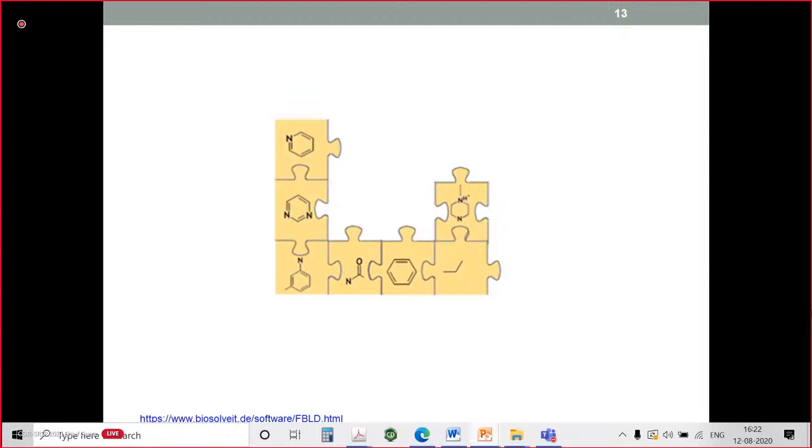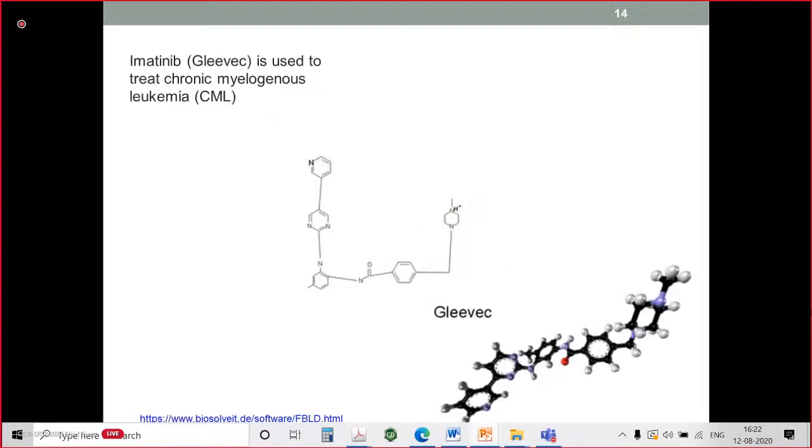So this ends up in the Gleevec molecule. This is how the fragments are connected to find the final drug molecule, that is, Gleevec imatinib. There are a lot of interesting examples I'll be discussing in the next part of the presentation.